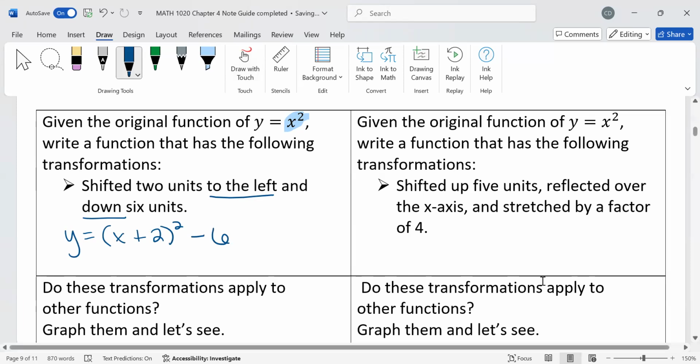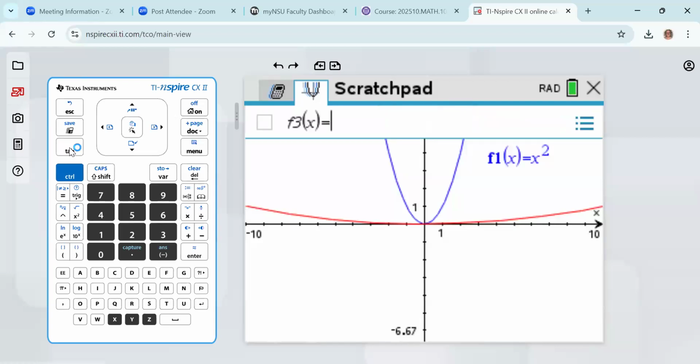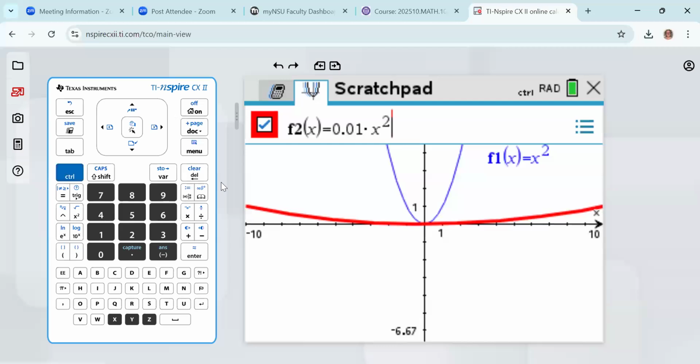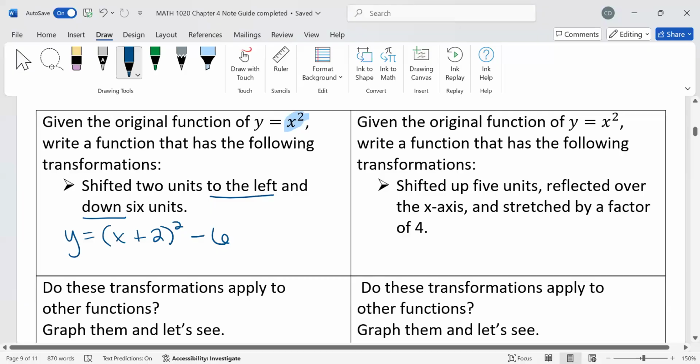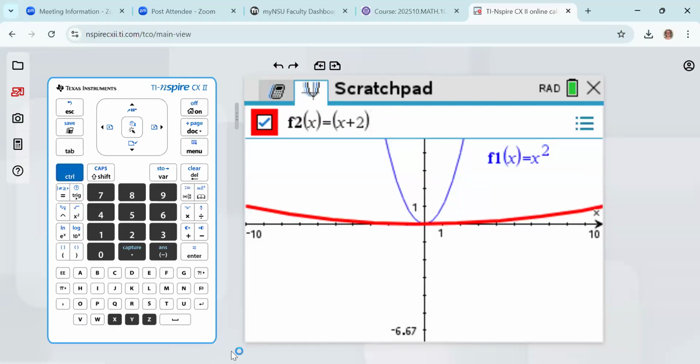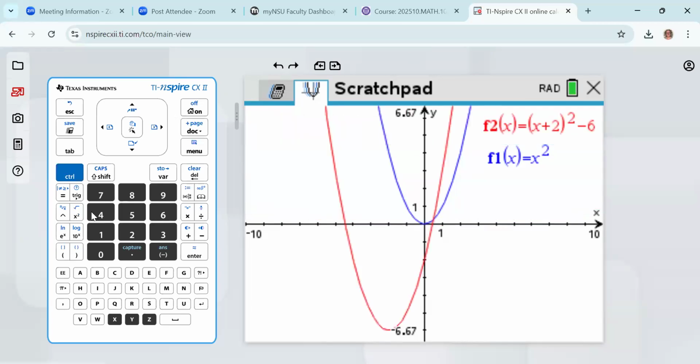So that's minus 6. I'm going to pull the calculator up. Leave that out. And then I'm going to put in what we had. X, let me look at that real quick. We had plus 2 squared minus 6.